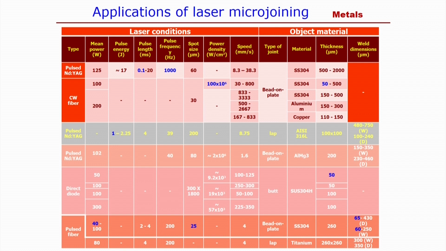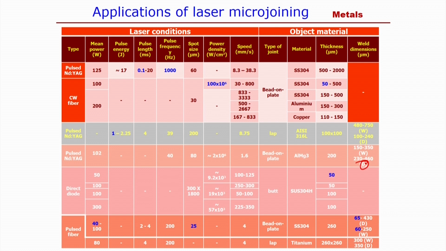Mainly these materials are applied with the pulse laser in microjoining form, where the minimum thickness found from the literature is 50 micrometer, and it goes up to a maximum of 2000 micrometer. For weld dimension, W means width and D means depth. Here the width and depth are around 65 micrometer to 300, 200 and 150, and at that level the weld dimension can be produced.